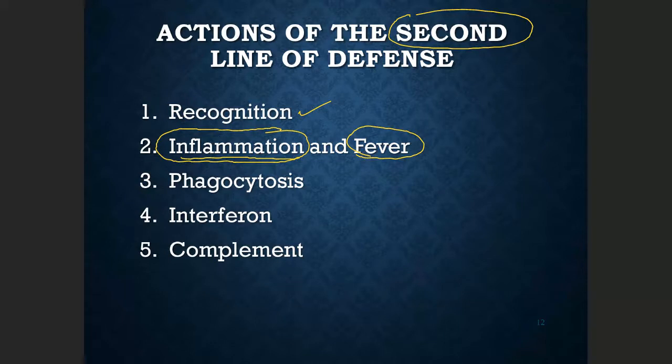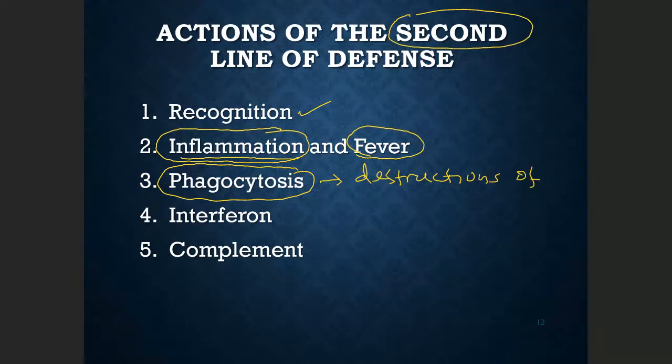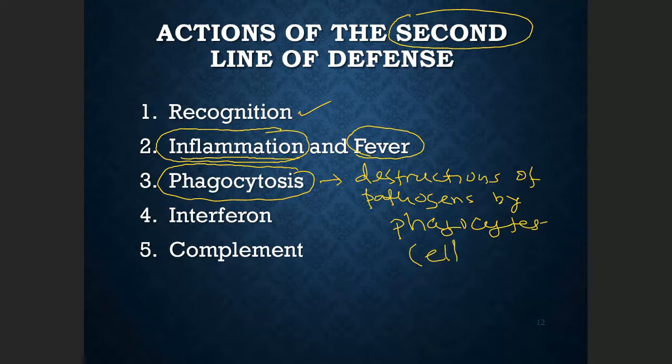The next process will be phagocytosis, which is the destruction of pathogens by phagocytes, or cell eaters, the cells that are able to eat pathogens. The cell is called a phagocyte, and the process is called phagocytosis. Our cells will also produce interferons.